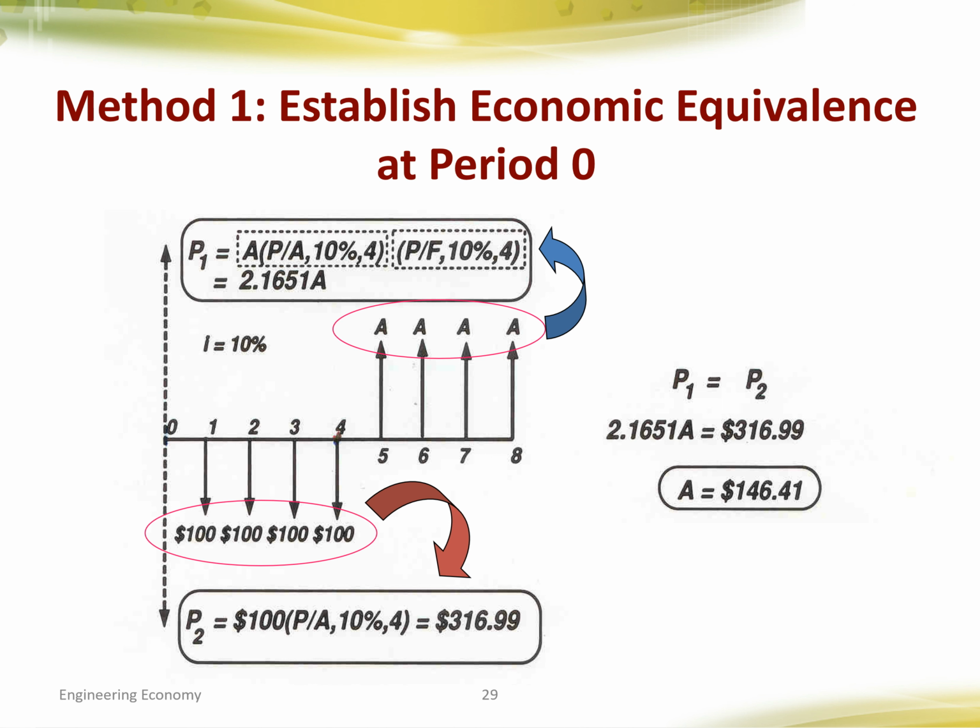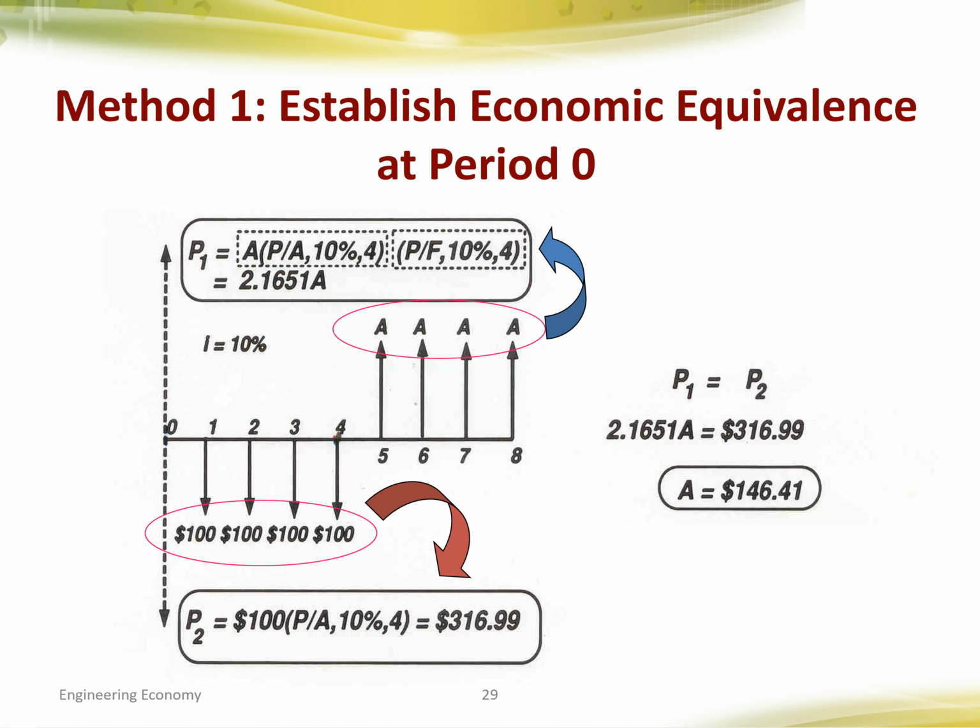So we can use, given A, find P, 10% and 4 periods, multiply by A. Then we can get the value at this point, but the value at this time needs to be converted to the present time.